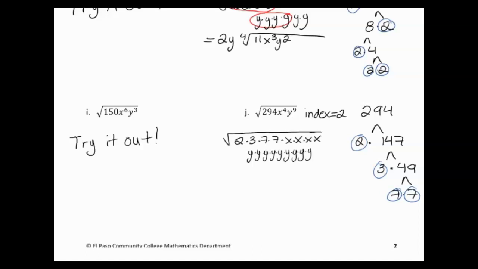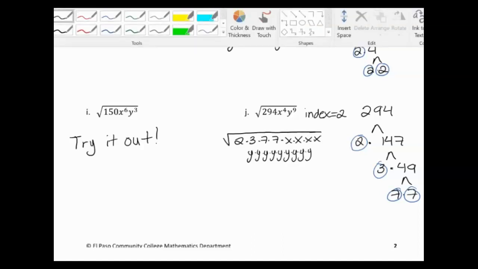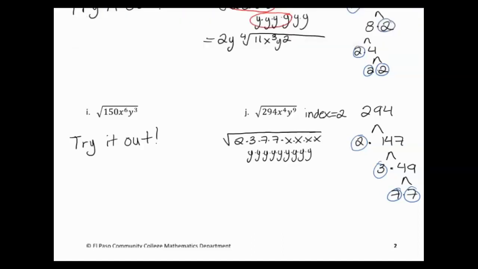Since my index is a 2, we're going to be making groups of 2. I cannot make a group with the 2 or the 3, but I can with the 7, the x's, and the y's, 1, 2, 3, 4. All right. So this is going to look like 1, 7 outside.